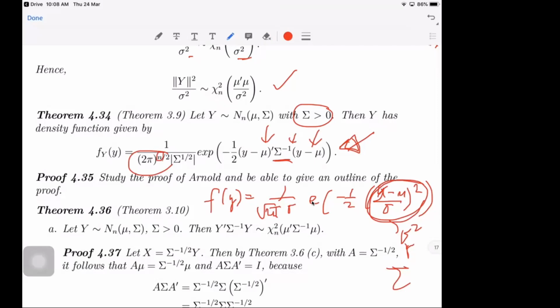So if you multiply 1 over the square root of 2 pi n times, that will be 2 pi raised to the n over 2.